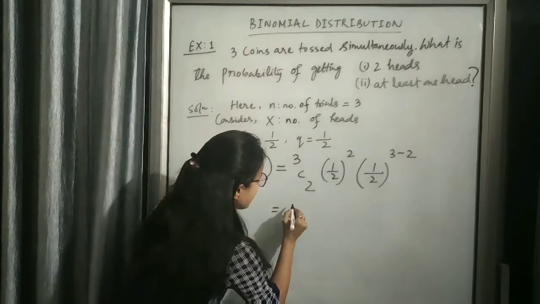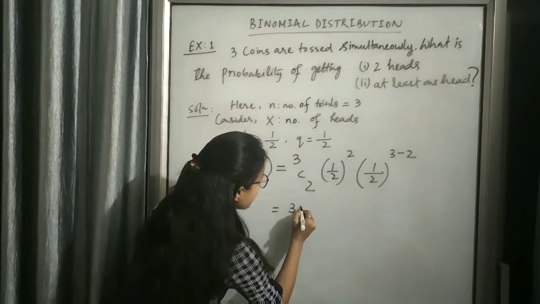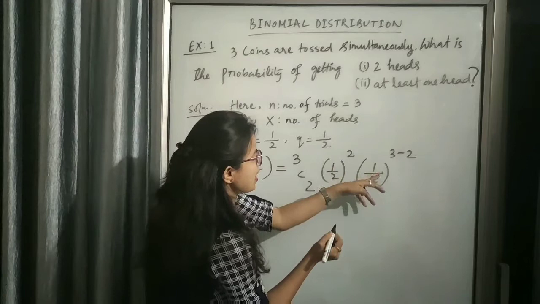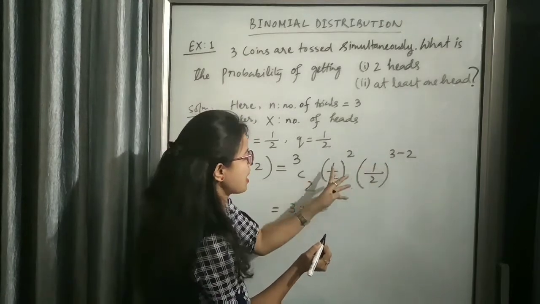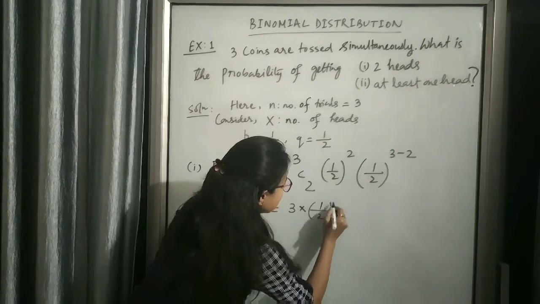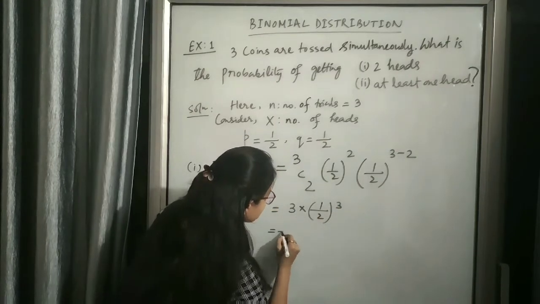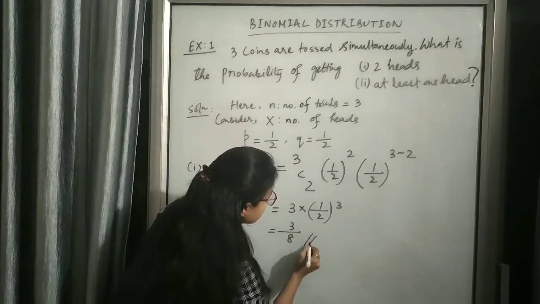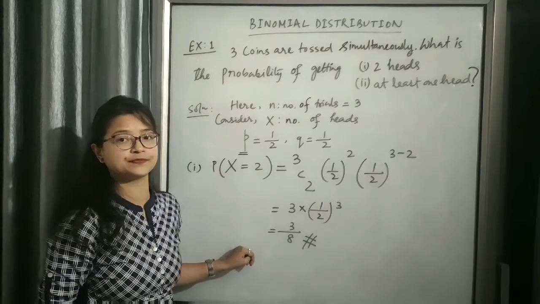Simplifying this, we will get 3C2 giving us 3, half square, half power 1 (3 minus 2 is 1), half square times half power 1 giving us half power cube. So the answer is 3 by 8.